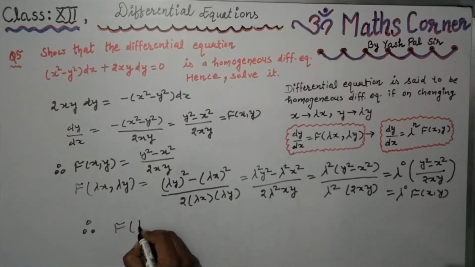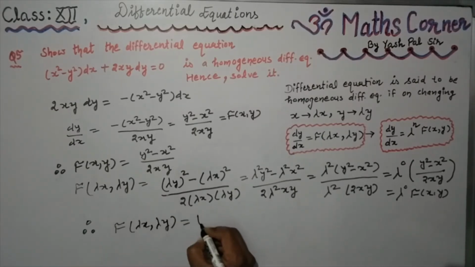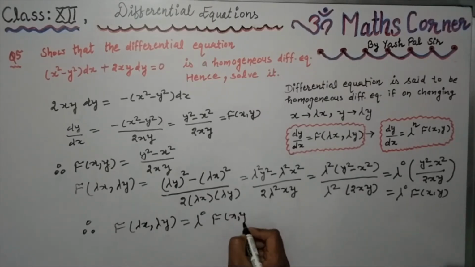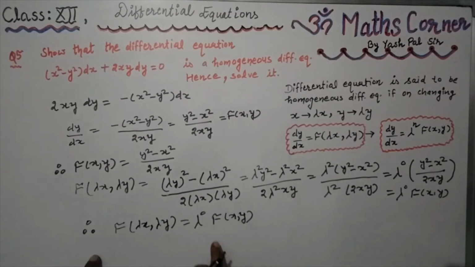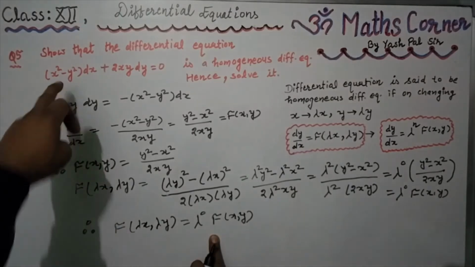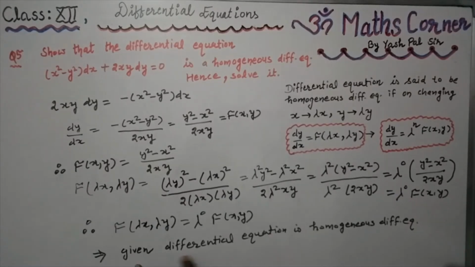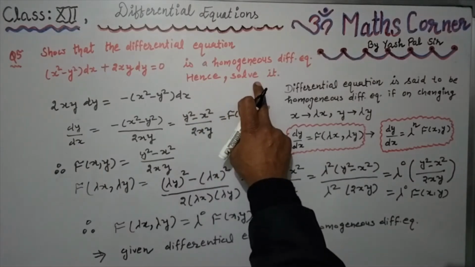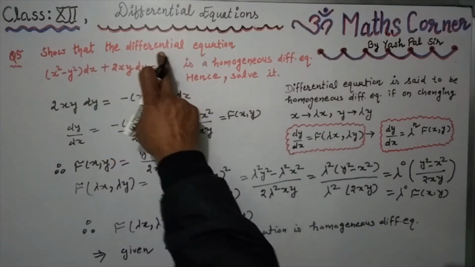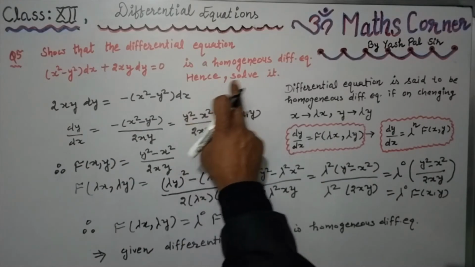So we can say that f(λx, λy) is equal to λ⁰ f(x, y). This concludes that the given differential equation is a homogeneous differential equation, because we can write it this way. Now the next part is: hence solve it.